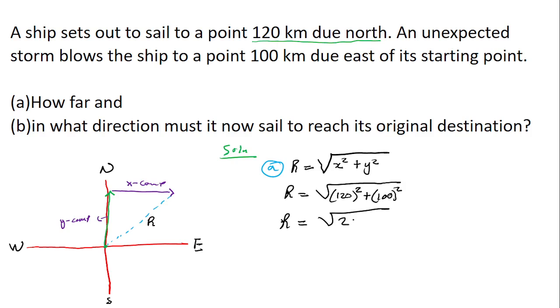So inside there we have 24,400, and if you find the square root of the answer, you get 156.2, and that is in kilometers. Remember the unit. If you round it off the way they have rounded it off there, this will just be 156 kilometers. So this is your final answer.